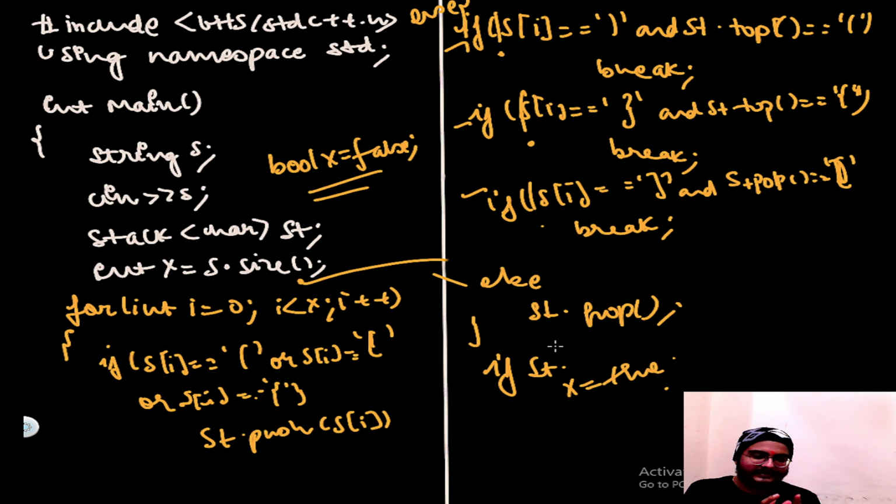To understand things better, let me just write it again. In the for loop, the first condition is the same: if s of i is equal to the opening bracket, then I have to push it. Else, if my string has a closing bracket, I check if this is this and st.top is this.